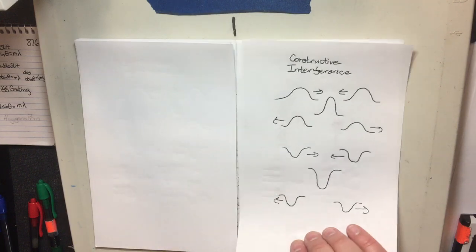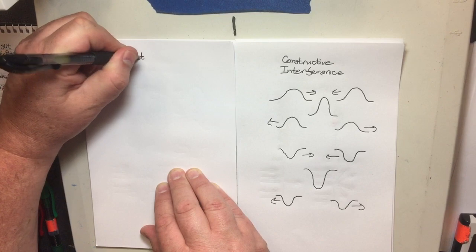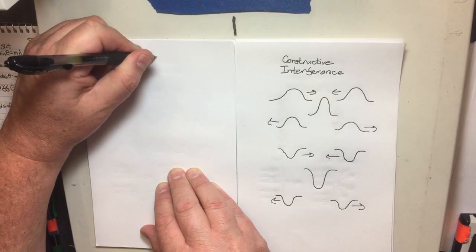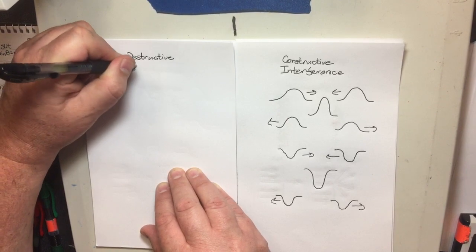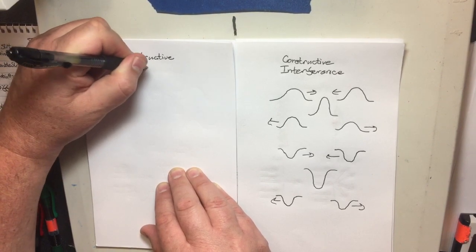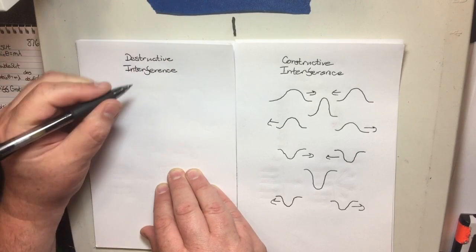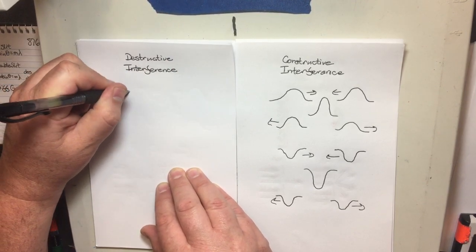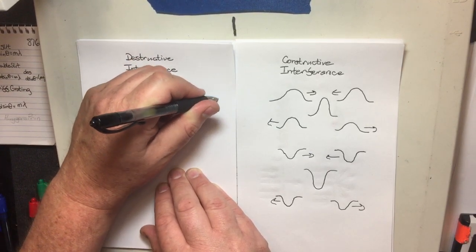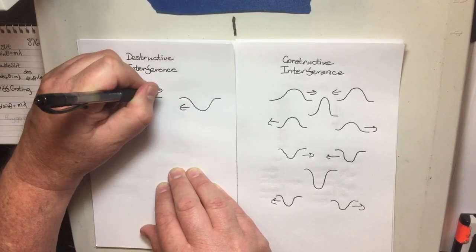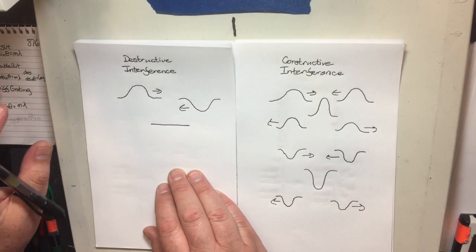Then there is the idea of destructive interference, where if you have a peak meeting a trough, they come together and they form nothing.